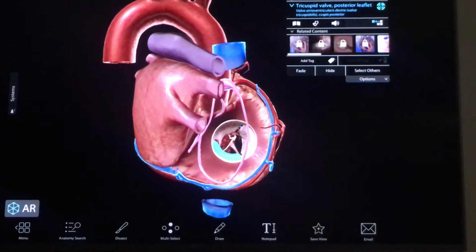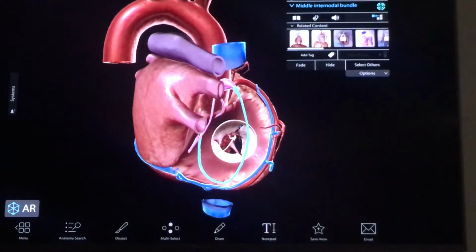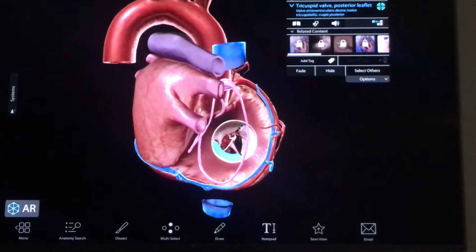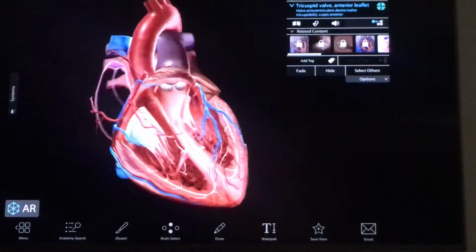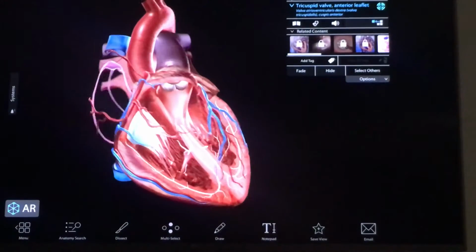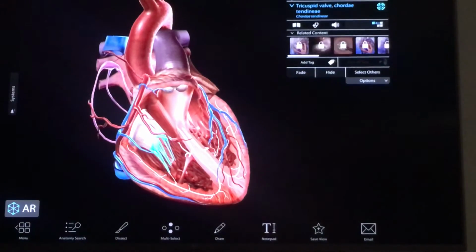Right now I'm only highlighting the individual flaps of the tricuspid valve, but you'll notice it has 1, 2, 3 major flaps. That's why it's called a tricuspid instead of a bicuspid valve. If I flip it down like this, you can see down below it's got these little things called chordae tendineae, which are like parachute cords.